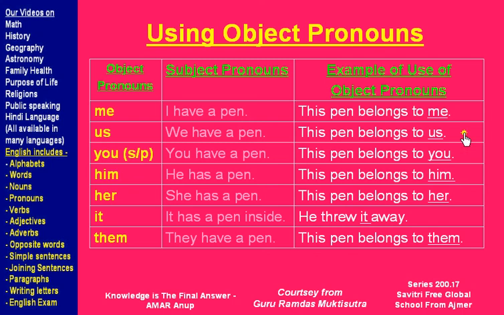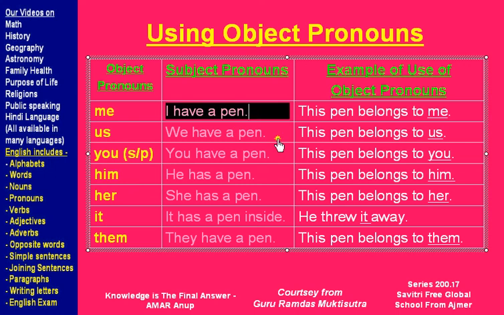Here are object pronouns. This pen belongs to me. Here this pen is the subject, belongs to is the verb, and me is the object. Compare this with I have a pen.